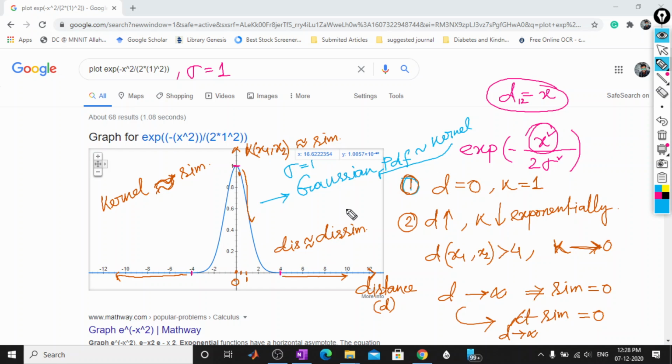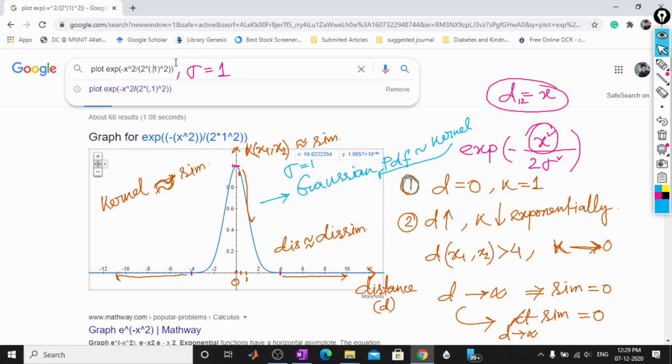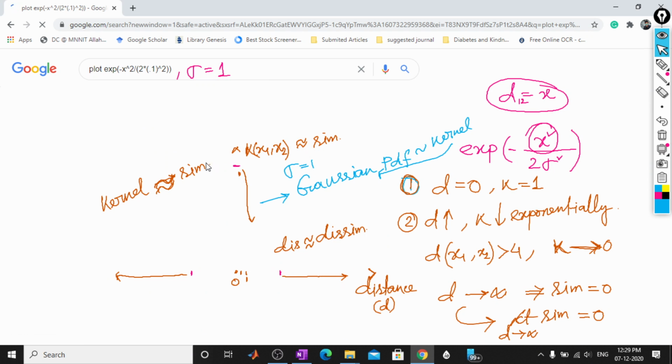Okay, I think everything is clear to all of you. Now we are going to change the value of sigma. Simply, I am going to change the value of sigma. Here instead of 1, I am using 0.1. So let's see what happens.